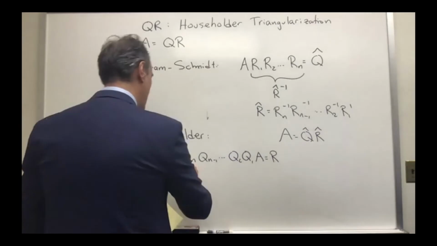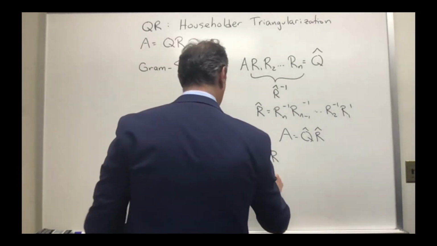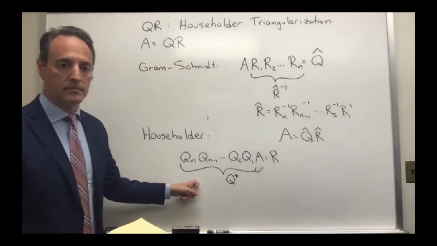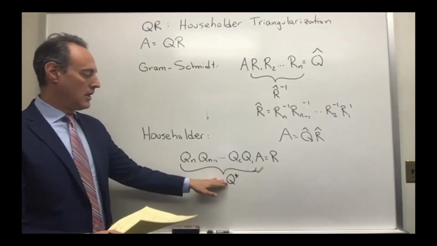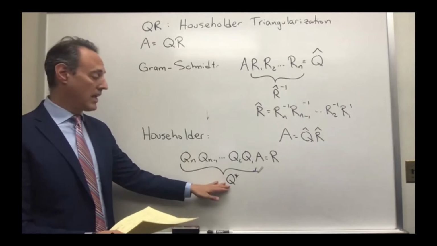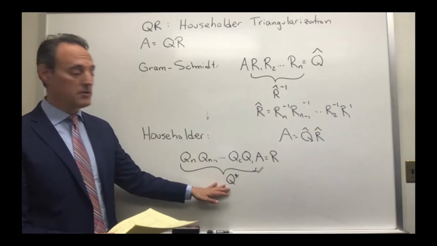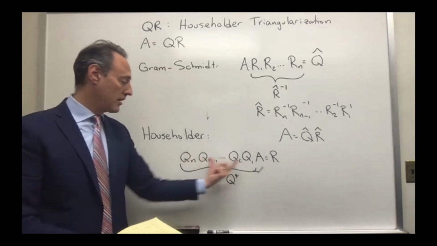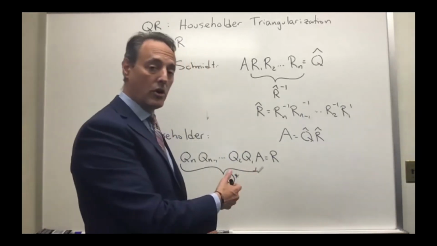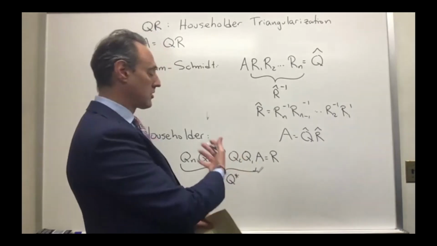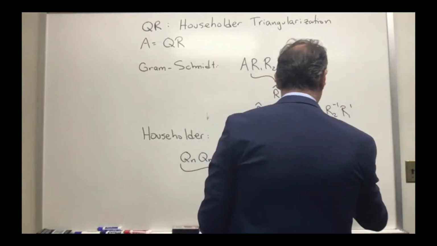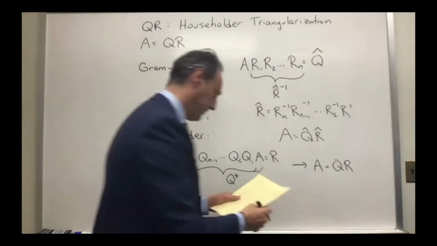Okay, so this I'm going to call Q star. Okay, Q star meaning that's its inverse transpose. It's the adjoint of this thing, so it's complex conjugate transpose. And so all the product of these matrices are Q star. And so once I have that Q star, it's trivial to compute Q, which is just complex conjugate transpose. And then that's going to give you A is equal to QR.